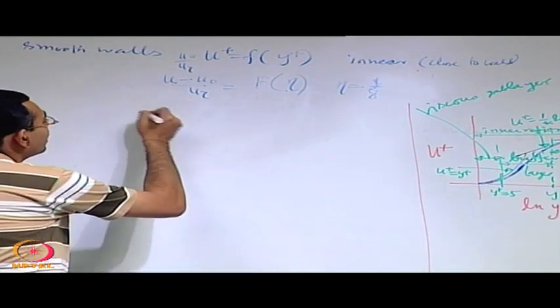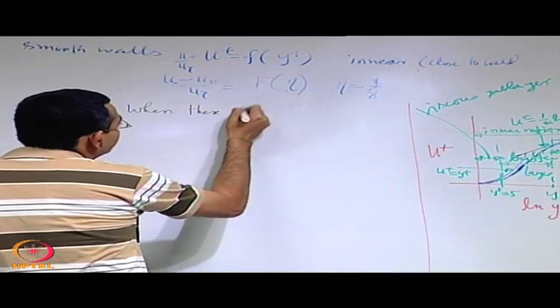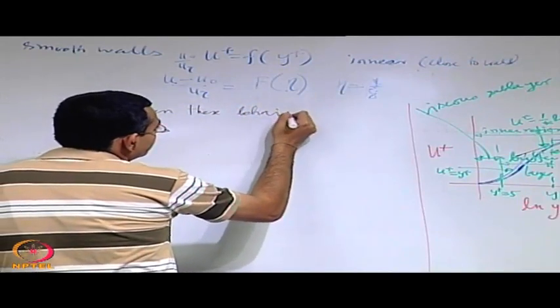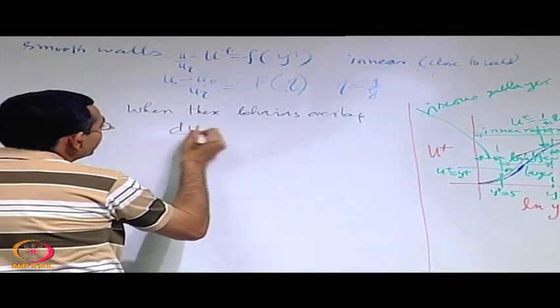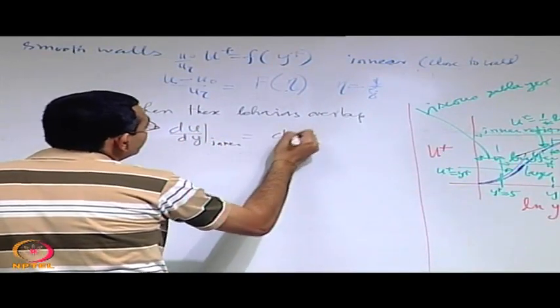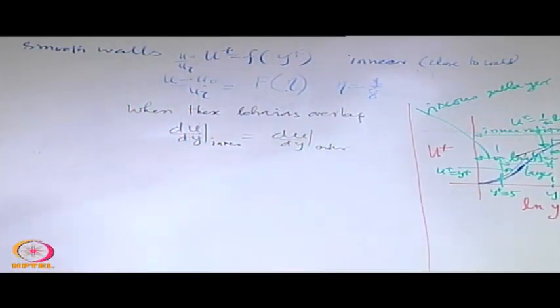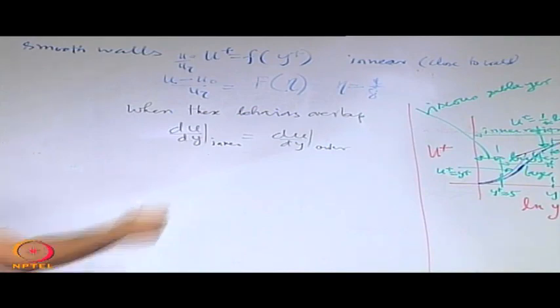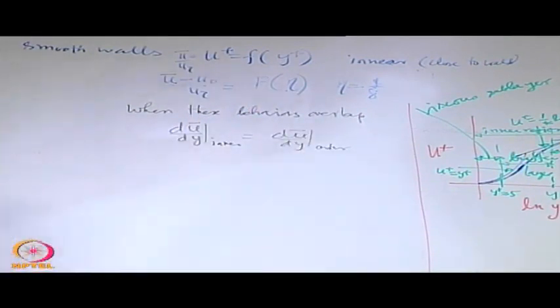That means when these behaviors overlap, you have du/dy from the inner equal to du/dy from the outer. When we say u, these are all u bar, the average, that we have to keep in mind.